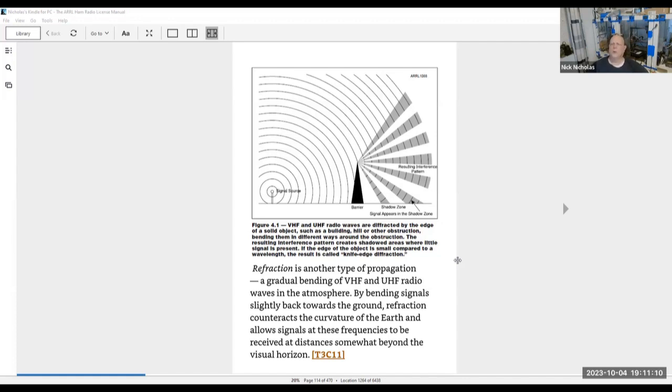So as a radio wave or light comes by an edge, light can become refracted, radio waves can become refracted. They can become focused or bent. Well, focused is caused by bending it. For example, a pinhole camera.